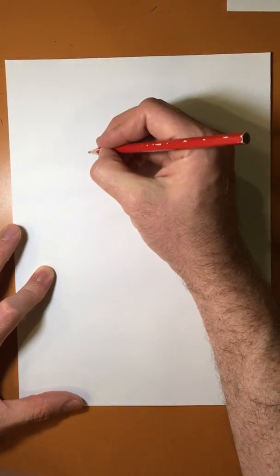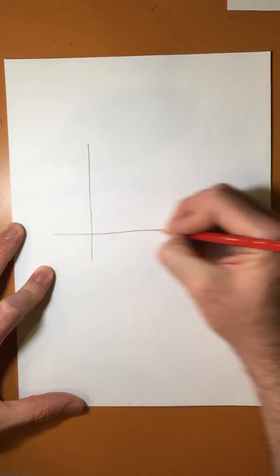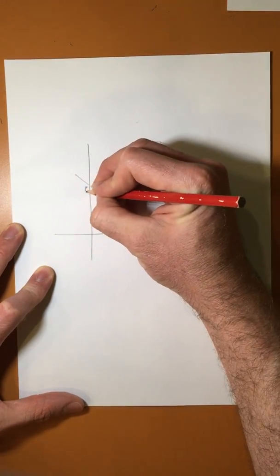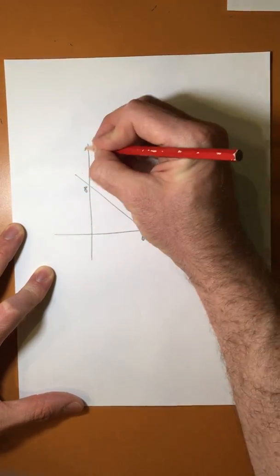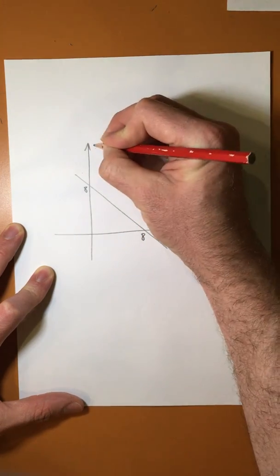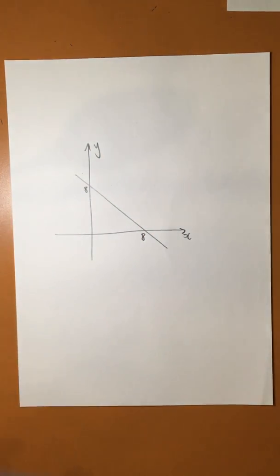So as an example, if I had a straight line like this, I could give you a rule for telling whether a point is on this line or not.